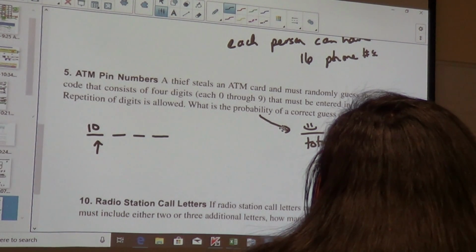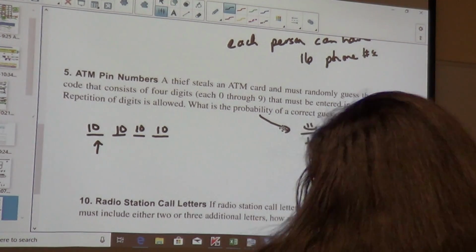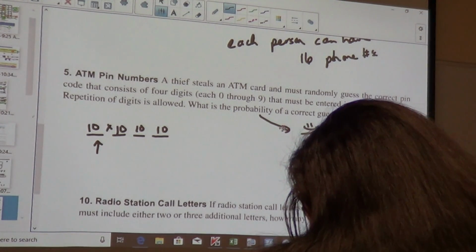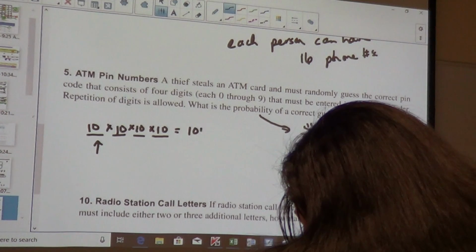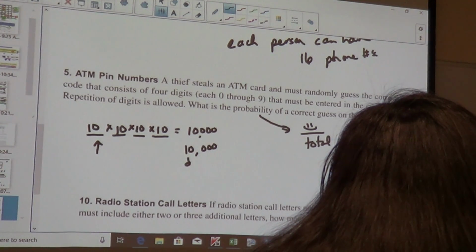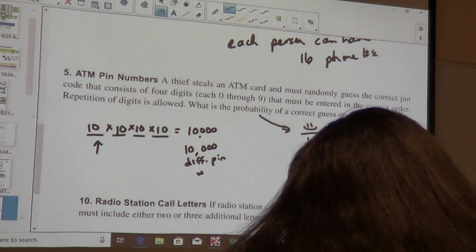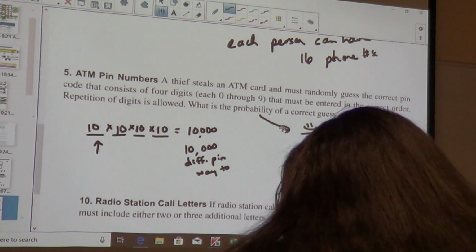How many do I have for the next answer? 10, because somebody's password could be 3333, right? So there are 10,000 different PIN numbers, or ways to type in.